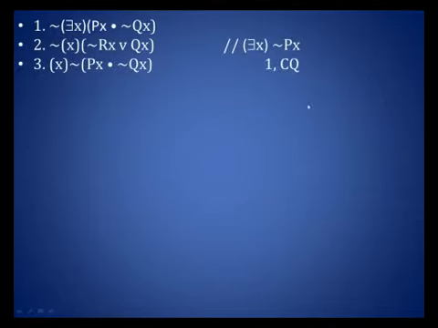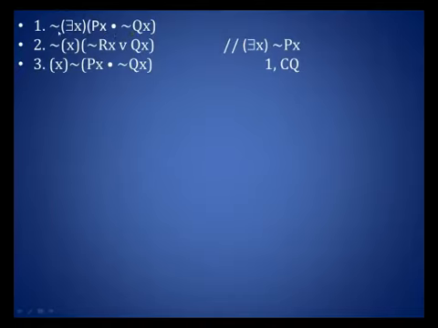So first things first, line 1, CQ. Remember, not the case that there exists an X such that X is P and X is not Q is logically equivalent to the claim that for all X, it is not the case PX and not QX. All right, these are logically equivalent statements. This is telling me that there doesn't exist one single instance of PX and not QX.